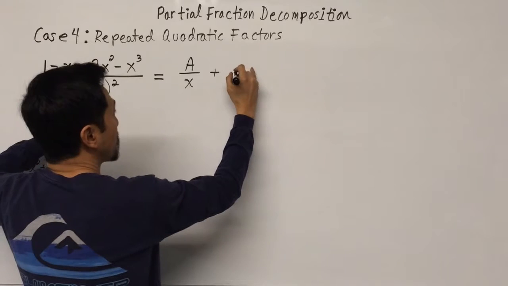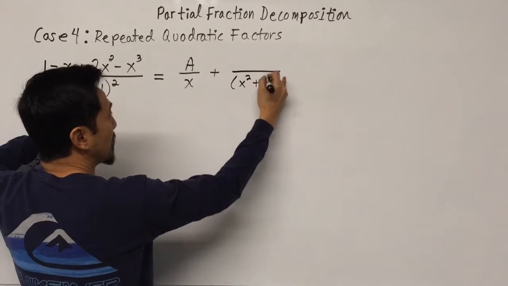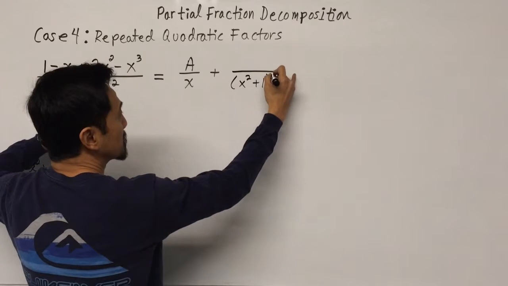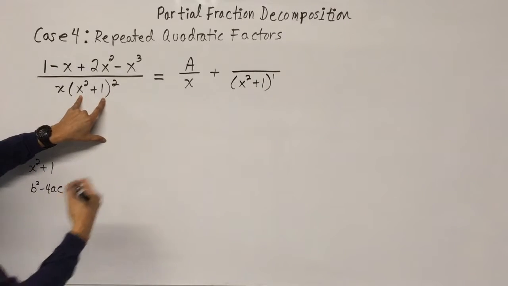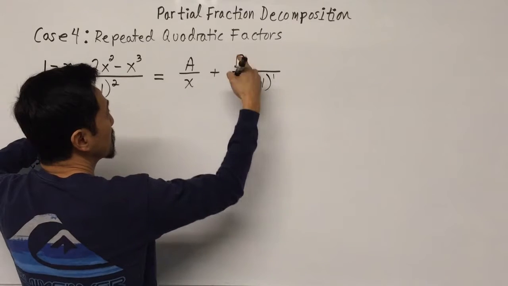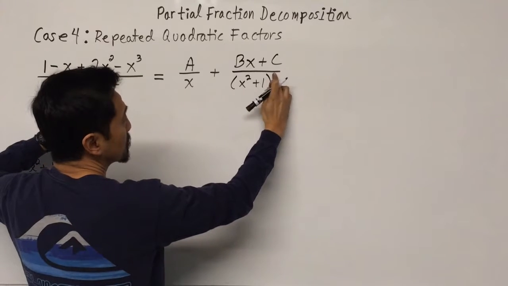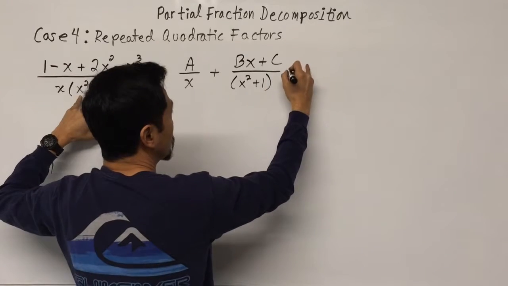Let's write it out. The first fraction has a denominator of x squared plus 1 to the first power, and the numerator is linear, so it is a first degree polynomial, Bx plus C. Okay, first degree, I don't have to write the 1.